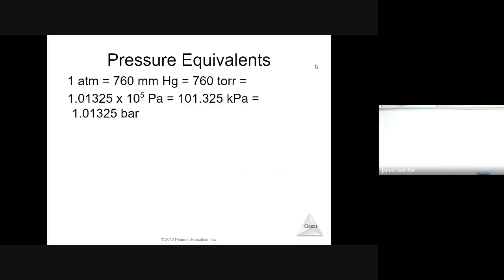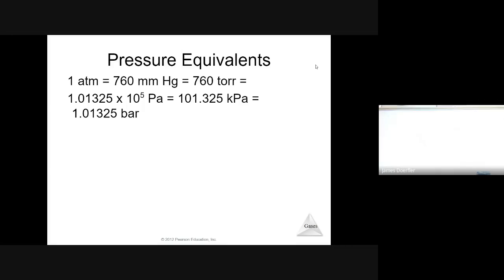Now, the last 3 numbers, what do you notice about them? What do you know about those last three numbers? They all have 325 and 101. They all have the same 6 numbers with slight variations, mainly the decimal point, and with pascals, the 10 to the 5th power.